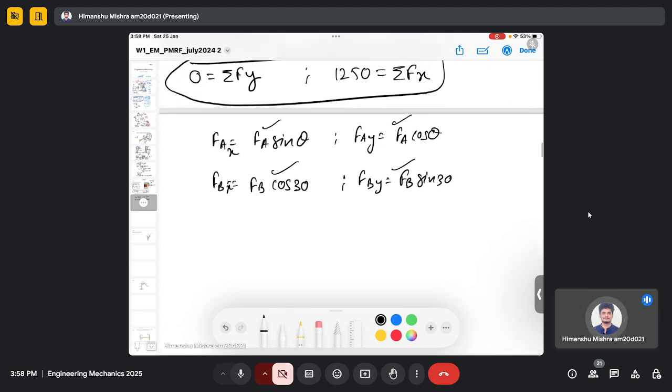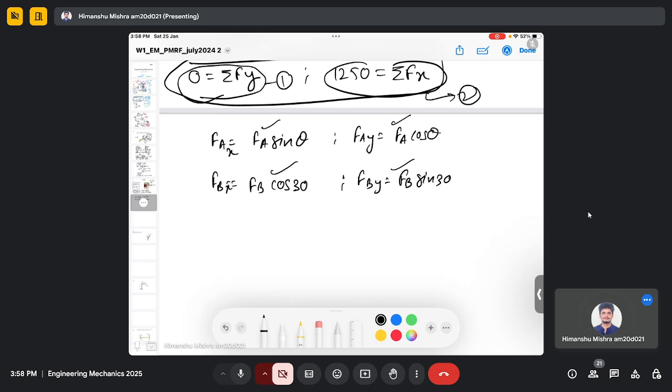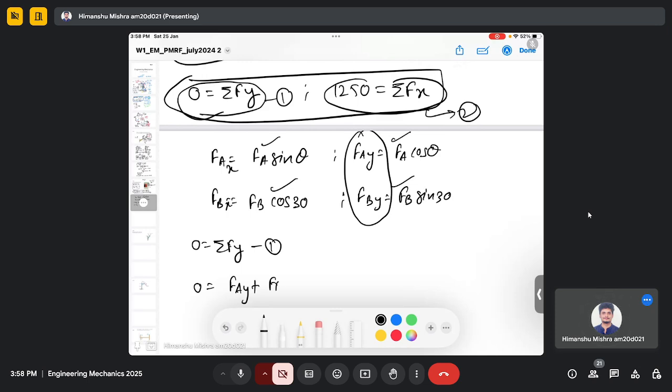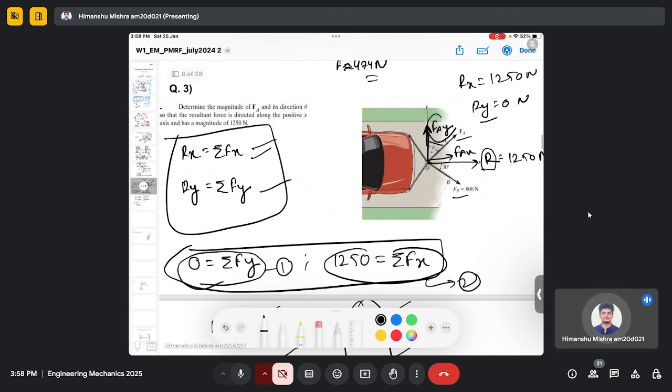So if I consider this as equation 1 and this as equation 2, then 0 equals the summation of force Fy. This is my equation 1. So if I consider all the forces in the y direction, which is Fay plus Fby, right? So Fay is in the positive y axis. You can already notice this.